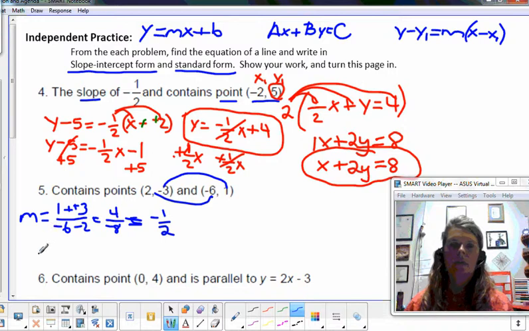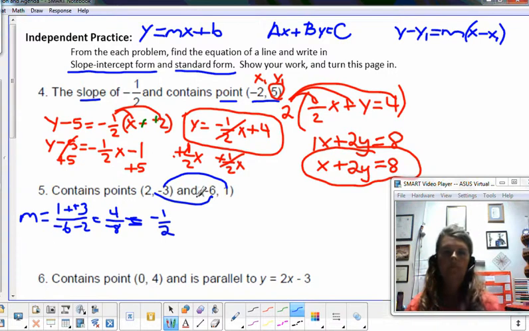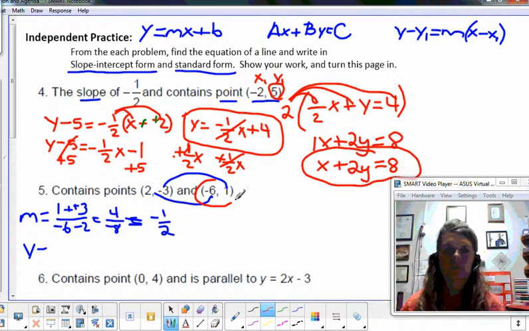So now we're going to go through the same thing we went through up here. We're going to put it in point slope form. Which point do we use? Well, pick your favorite point. So we're going to have y minus, let's use this point, y minus 1 equals your slope, negative 1/2, parenthesis, x minus your x coordinate, which is negative 6.